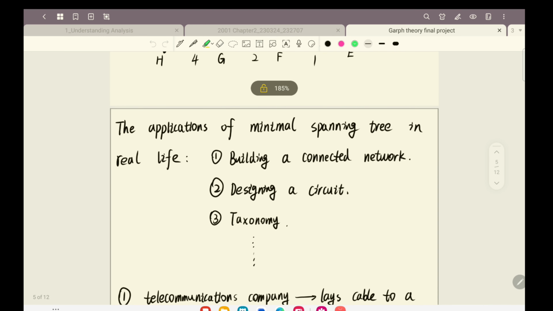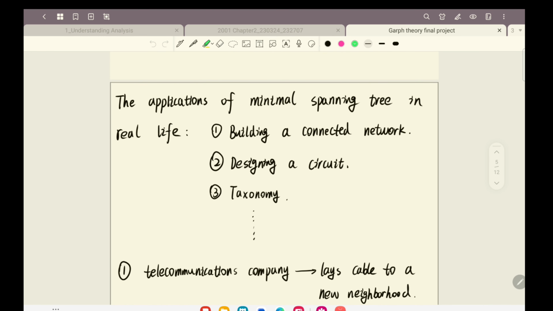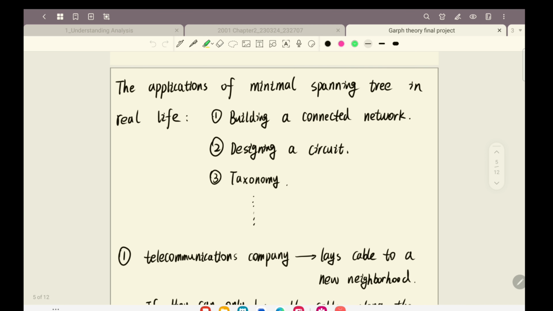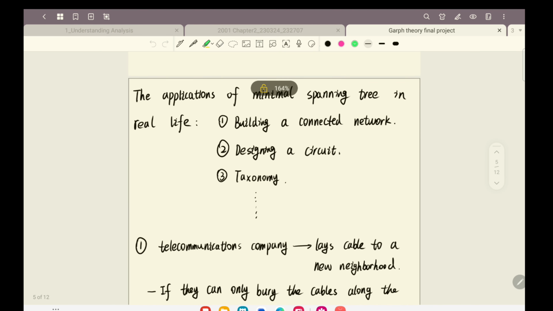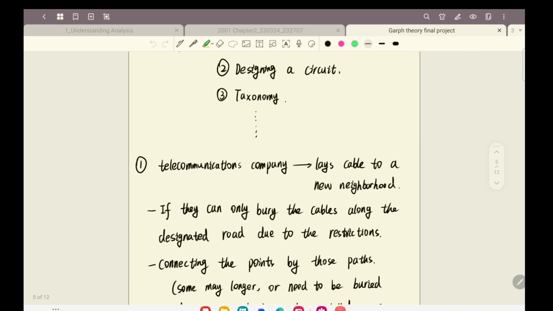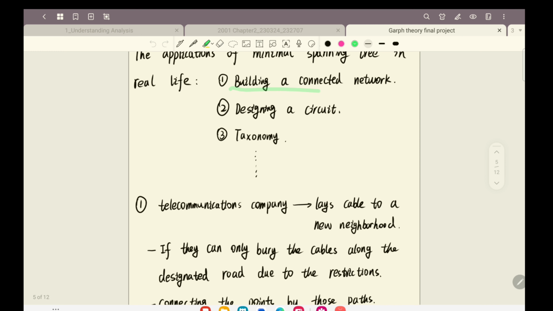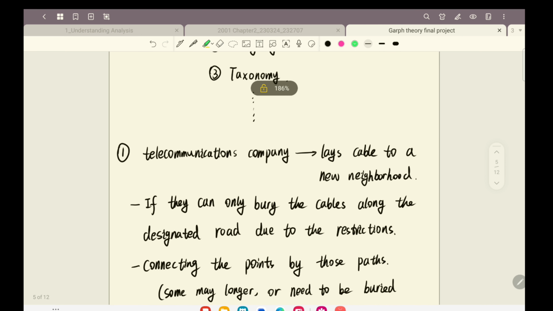So let's talk about the applications of minimal spanning tree in real life. It can build a connected network, design a circuit, taxonomy, and so on. A lot of examples. For the first part, to build a connected network, a special example is a telecommunications company.